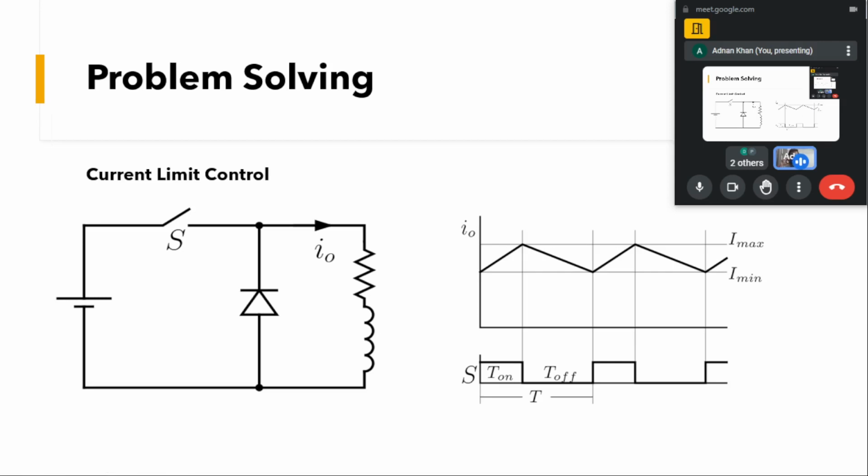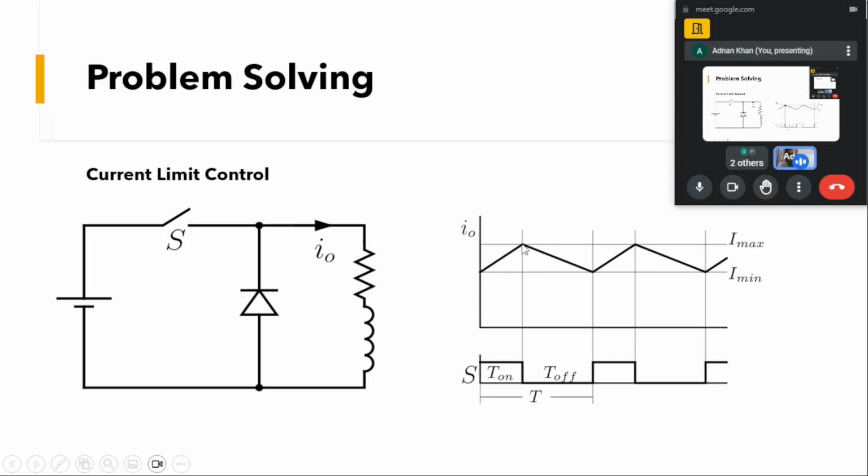The current will gradually start to rise, and when it touches the peak value, the switch turns off. This means that we'll be turning off our device when the current reaches the peak value.